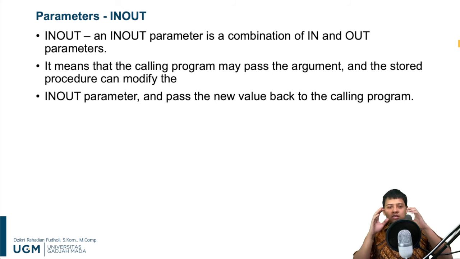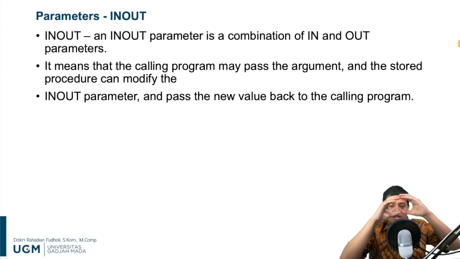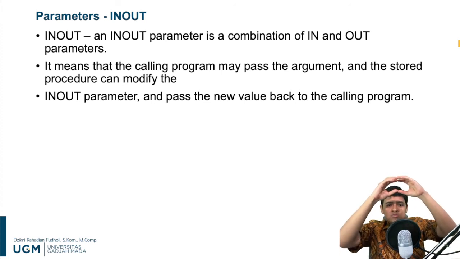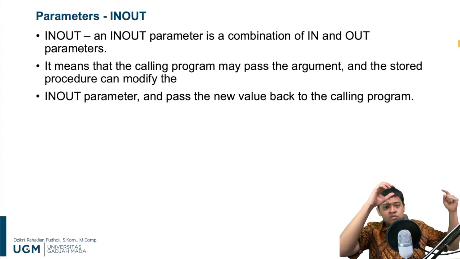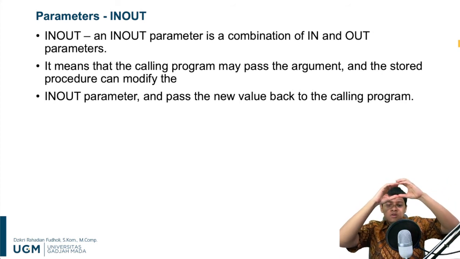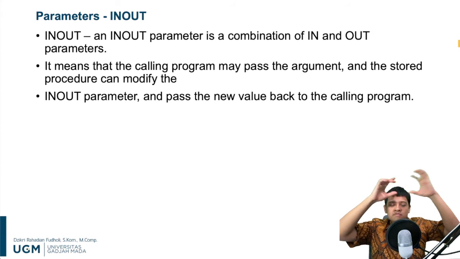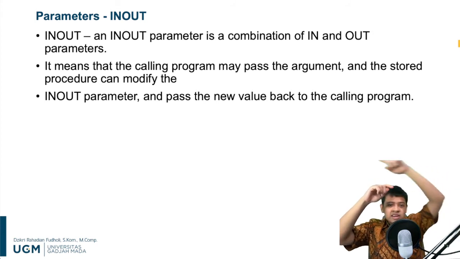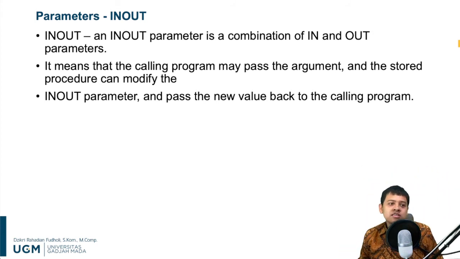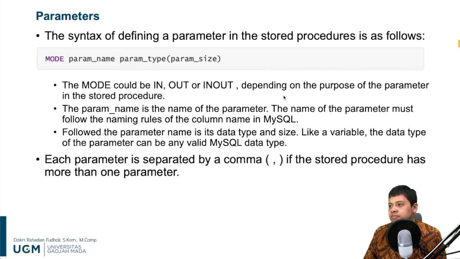So these are the explanations of IN, OUT and INOUT. So this is a stored procedure. If you want to add a value to that procedure, that's going to be IN. If you are going to use the value after this procedure, that's called OUT. And if you use both, you use the INOUT parameter.